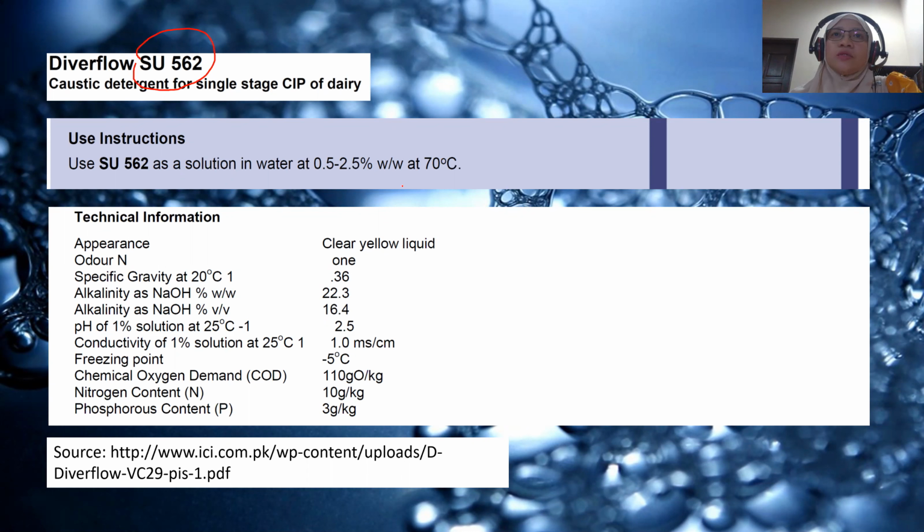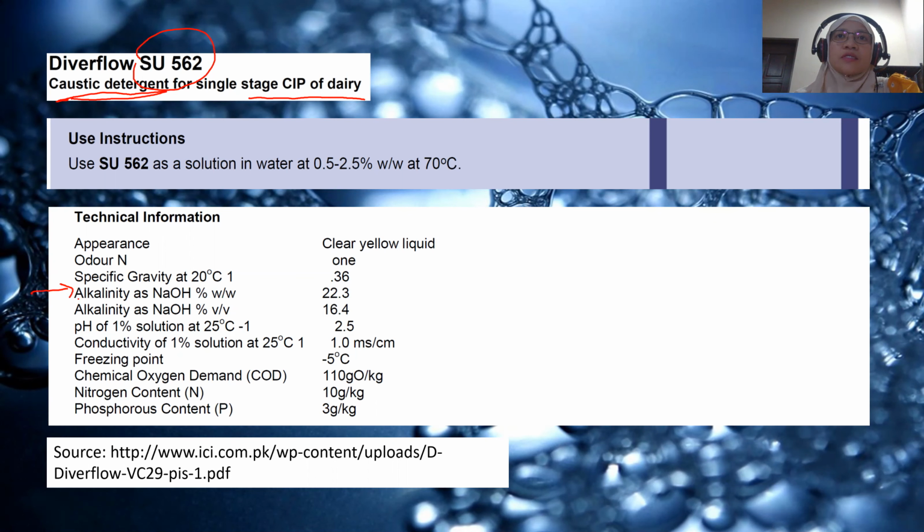Now let's look at the technical information of the product. This is a caustic detergent, an alkaline-based detergent for CIP of dairy. So the active ingredient here is sodium hydroxide.